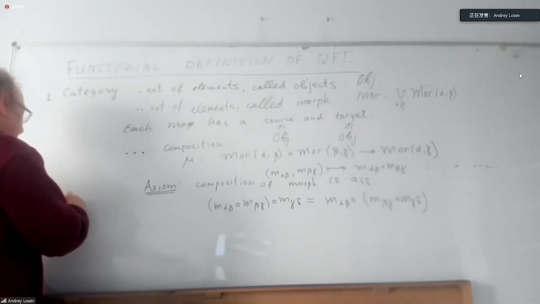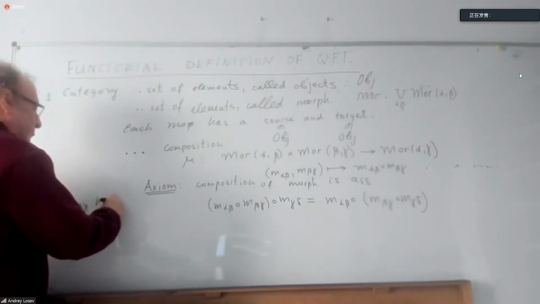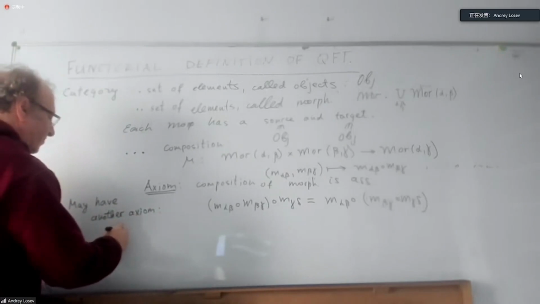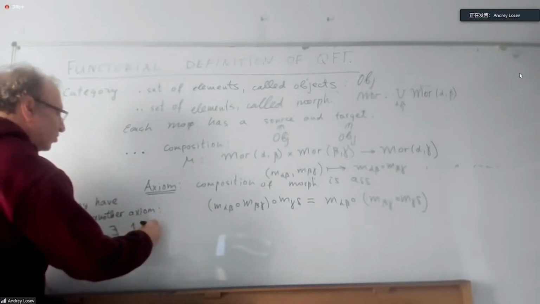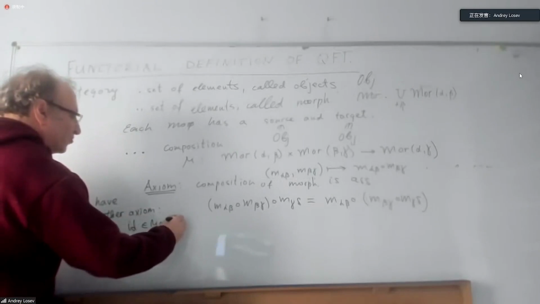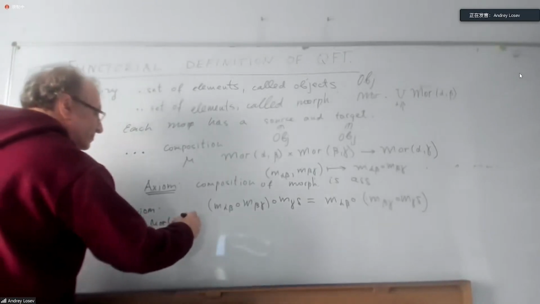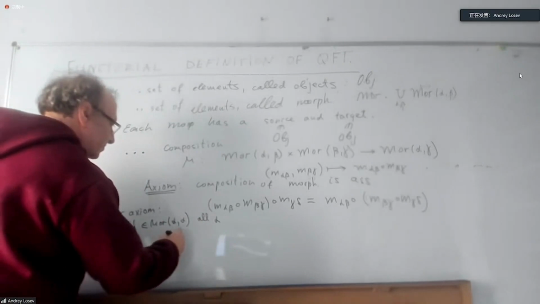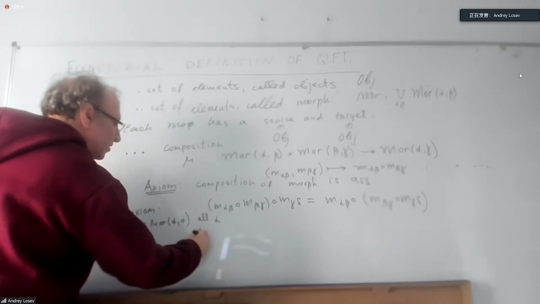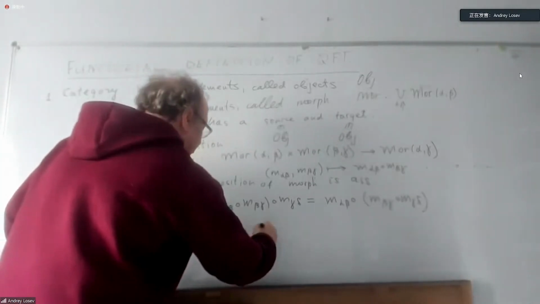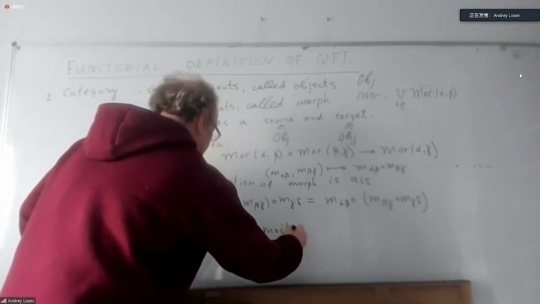I may put another axiom: existence of an identity, id in morphisms from alpha to alpha, for all alpha, such that id composed with M equals M and also M composed with id equals M.